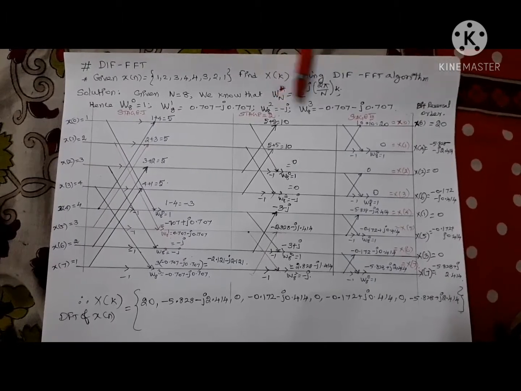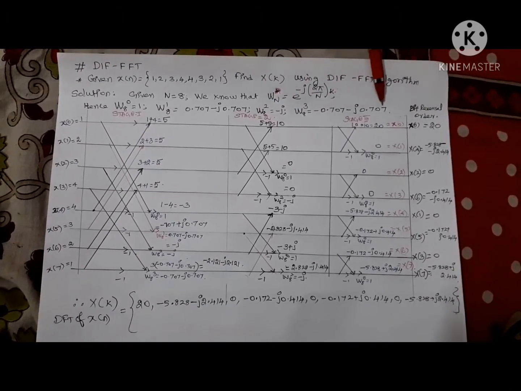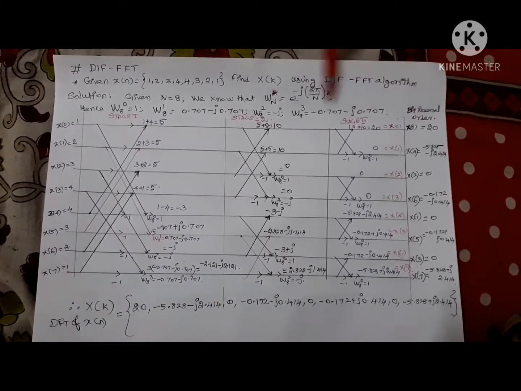This we already calculated in the DIT video and the basics video also. W8 power 2 is minus j, and W8 power 3 is minus 0.707 minus j 0.707. So this is the problem.